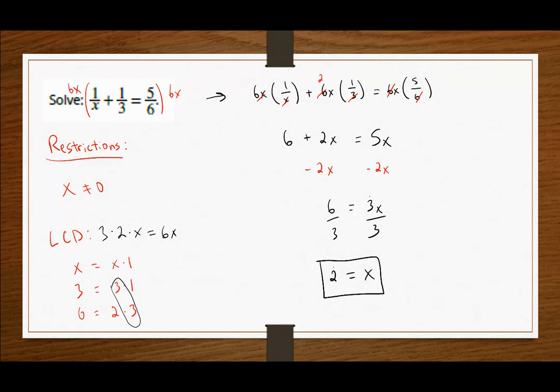Using that to clear the fractions can be tricky, but usually we're left with one of two scenarios. In this case, we were left with a nice linear equation, meaning that our x or variable term only had 1 as the exponent. We may also have some type of quadratic or a trinomial of some kind, which would be if our variable has a square term on it somewhere.